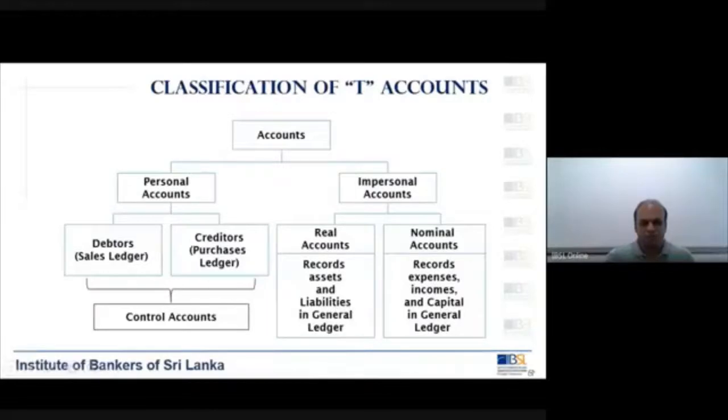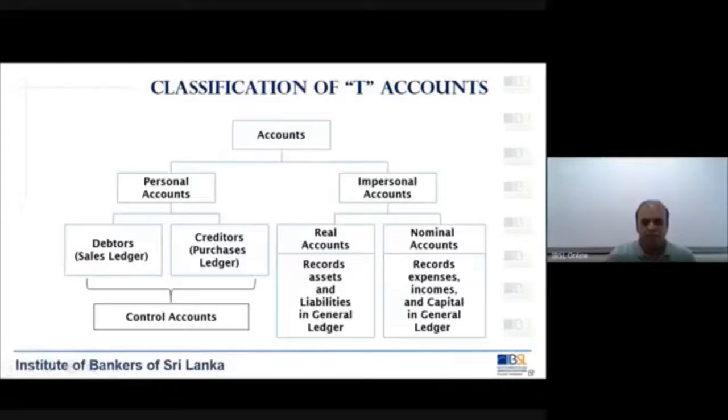One is known as the personal accounts, the other one being impersonal accounts. Under the personal accounts, you probably get your debtors and creditors. Whereas in the case of impersonal accounts, you get all the real accounts, and we also call them the nominal accounts. What we mean by real accounts is where all the assets and liabilities relating to your business are accounted.